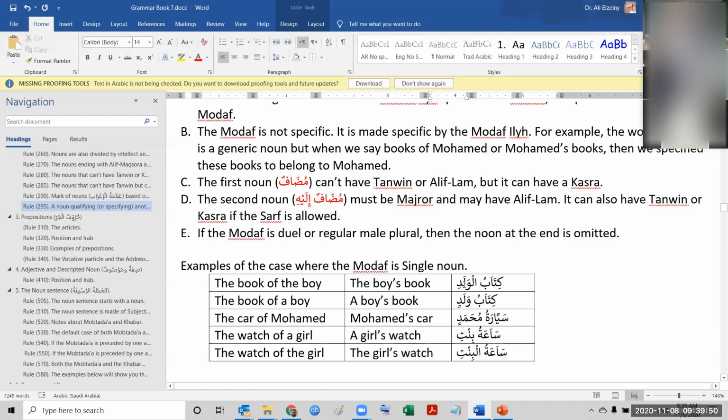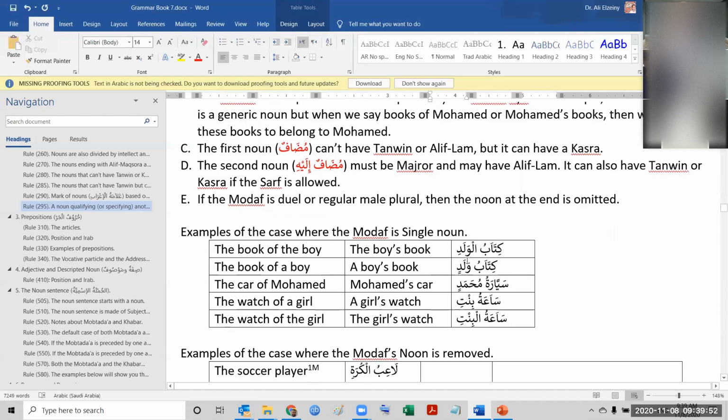And then al-waladi. The mudaf ilayh has to be majrur. So al-walad becomes al-waladi.